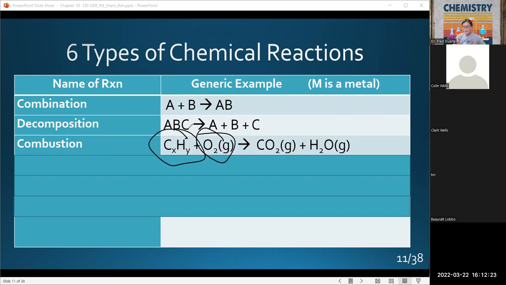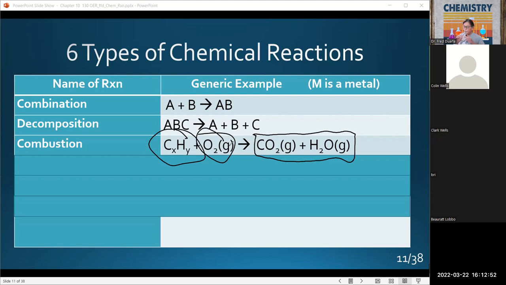Well, you'll be given a formula, so that part's given, and you should recognize that it's combustion, so I need to have oxygen as a reactant. And second of all, the only two products for any combustion reaction of a hydrocarbon with respect to Chem 130 are as follows: carbon dioxide and water, okay?